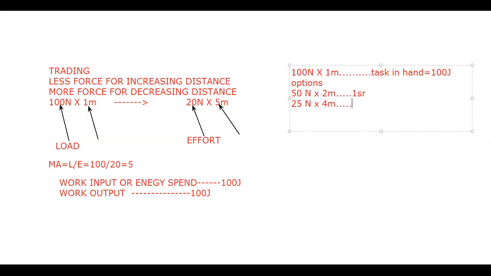This is my second option. Or I can apply 20 Newton for 5 meters. This is my third option. Or I can even apply 10 Newton for 10 meters. This is my fourth option.